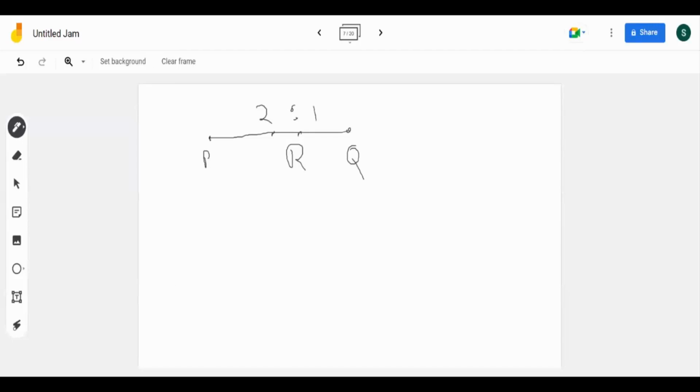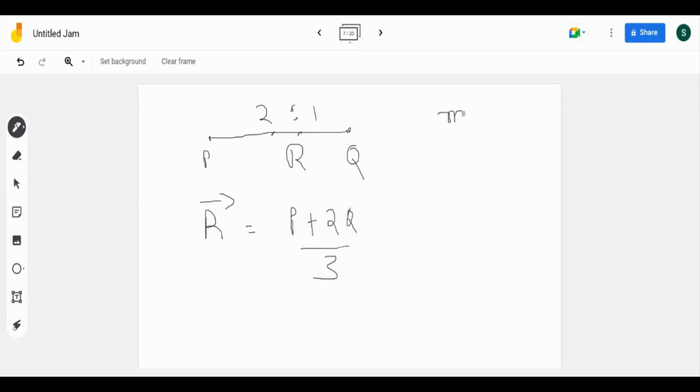We know the formula, so we can find the position vector directly. If the ratio is as shown, the vector R can be found by 1 times P plus 2 Q by 3. How did we get this?